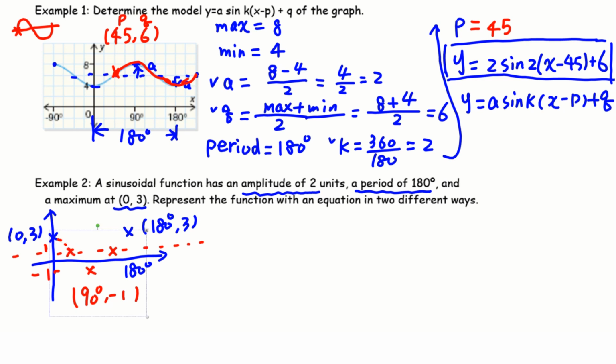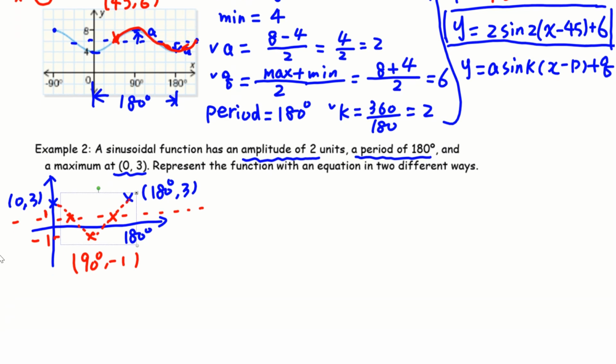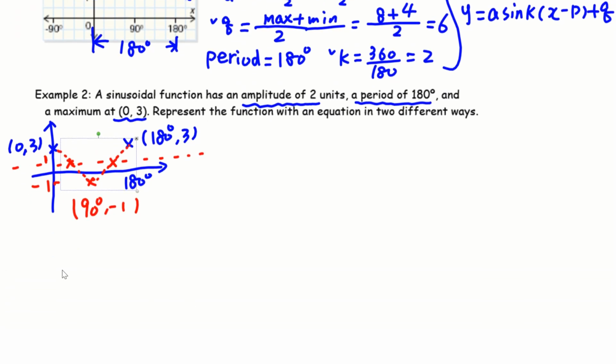So if we graph it, it will be this way. The reason we could graph it this way is because we have a circle, so the maximum is (0, 3), then after a quarter, it will go back to the middle. So if this is 3, then a quarter later it is the middle, then -1, then the middle again, then 3.